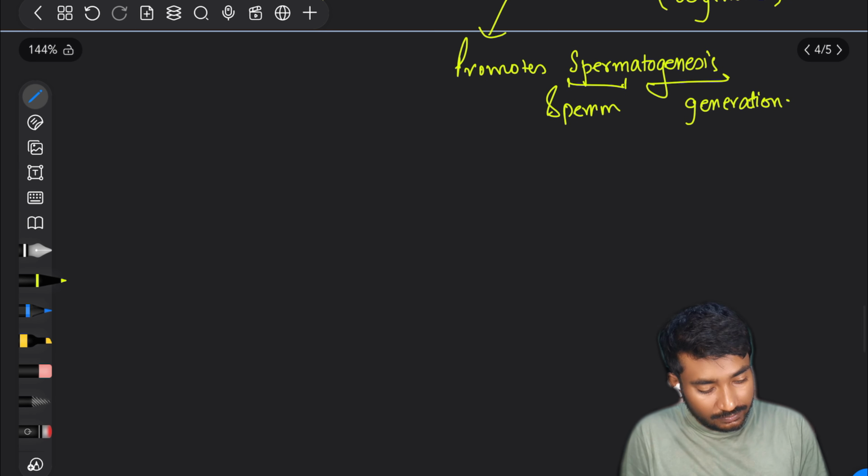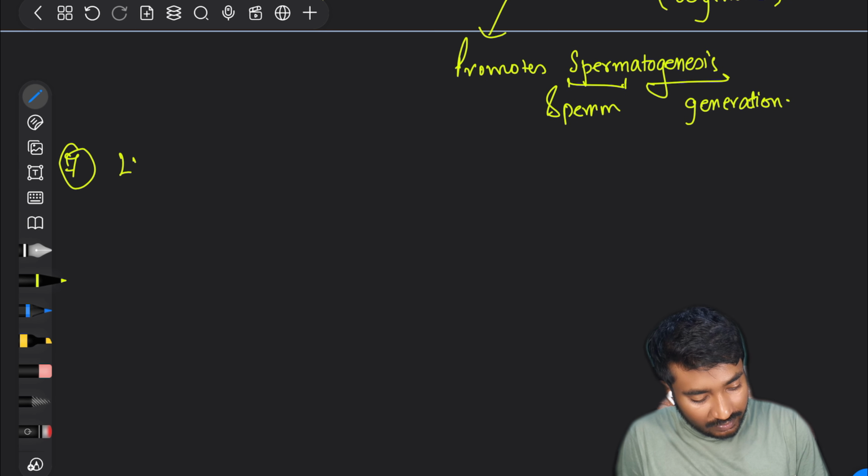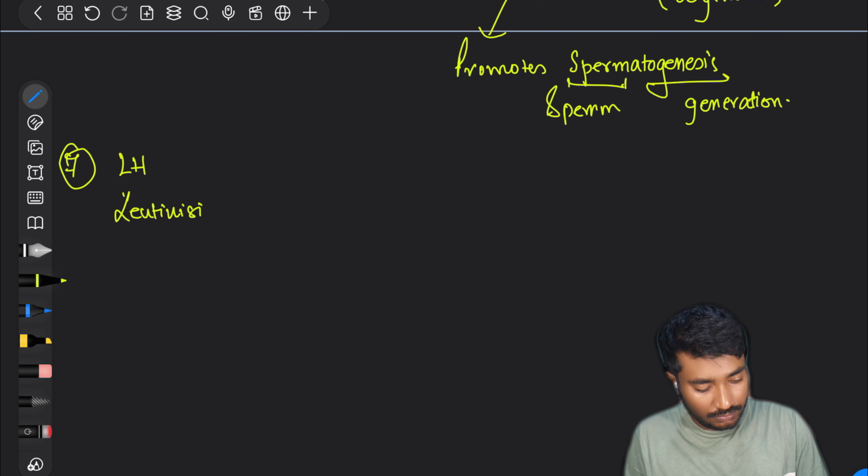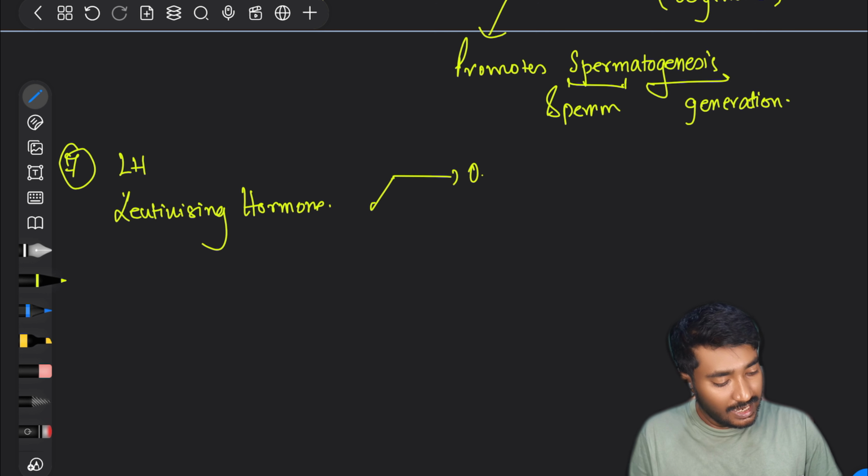Okay. Next, the 7th, the luteinizing hormone. It acts on ovary and testes.